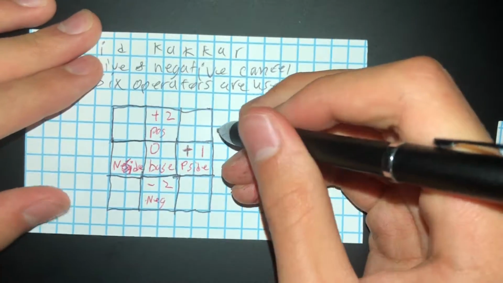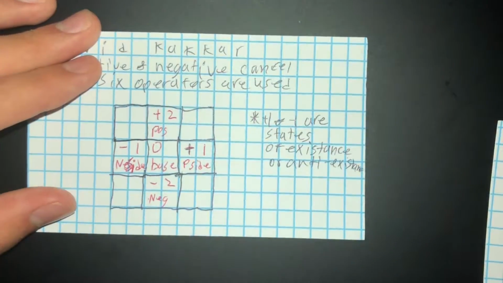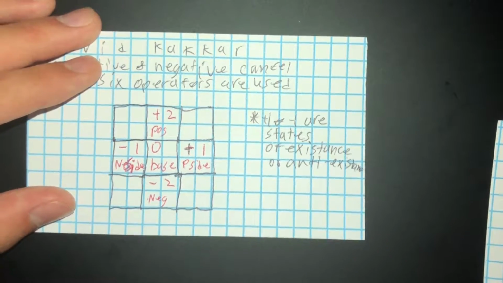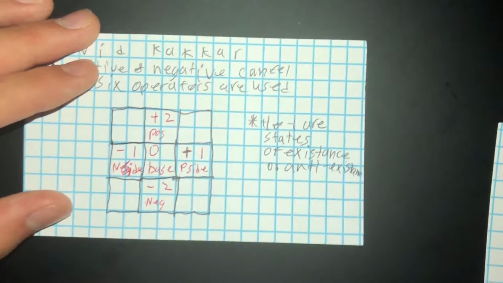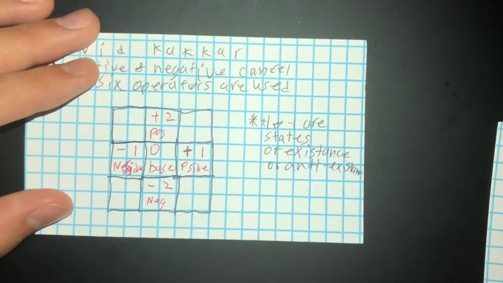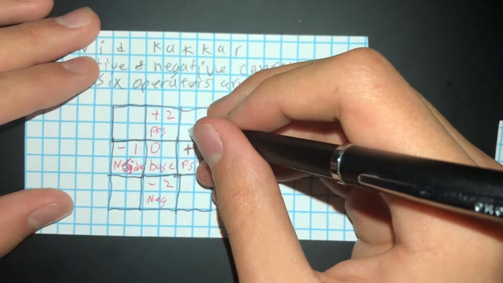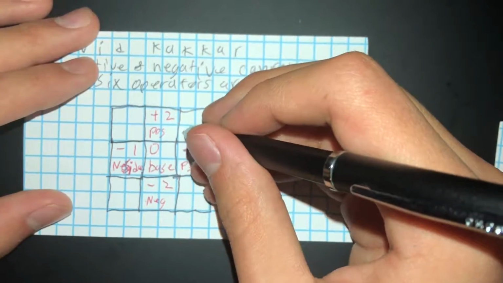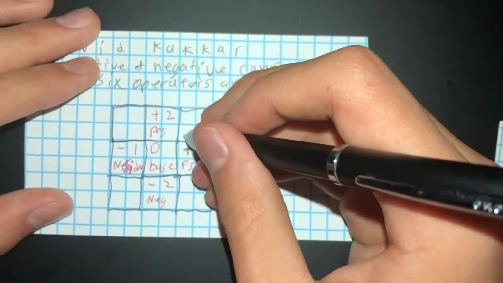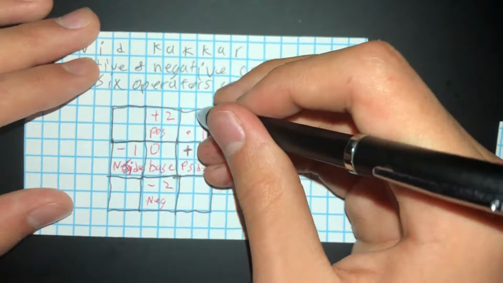Anyways, so of course we have +1 and -1. Now we have to start putting the operator. So obviously this is plus, minus. Now we have to multiply. And why don't we multiply by positive? So going up, why don't we multiply 2 by 1?